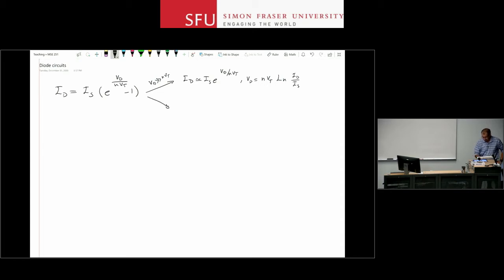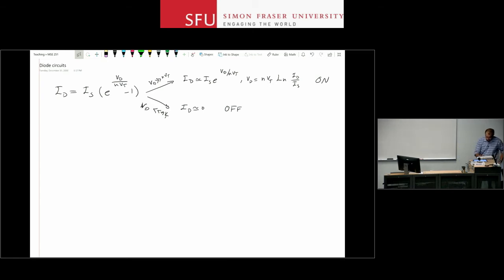And if VD is much less than NVT, including negative values, particularly negative values, ID is almost zero, practically zero, right? And in this case we say the diode is off, and in this case it is on. On means that it is conducting current, off means that it is not conducting measurable current. It may be a little bit of current.